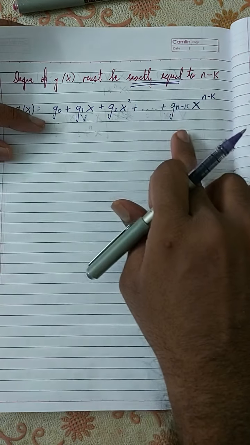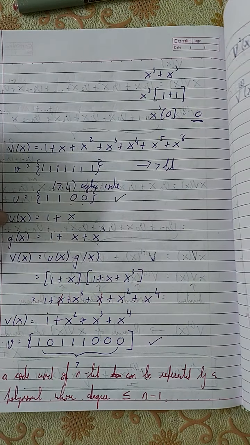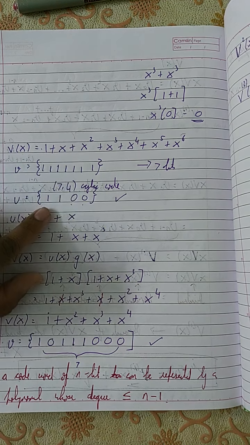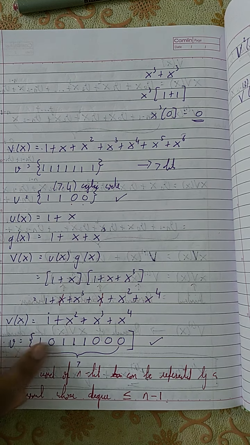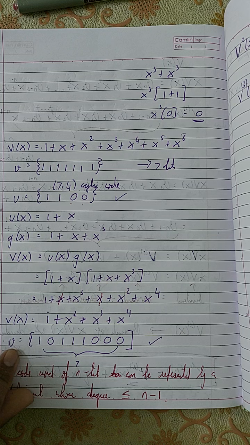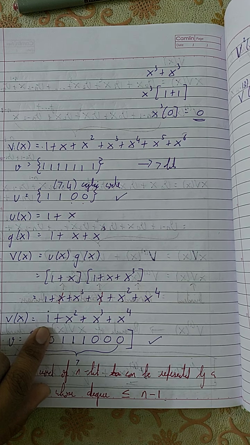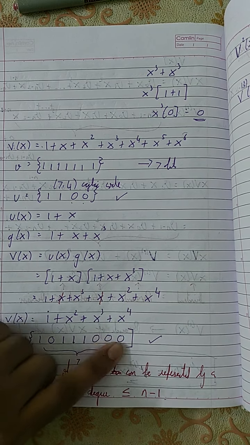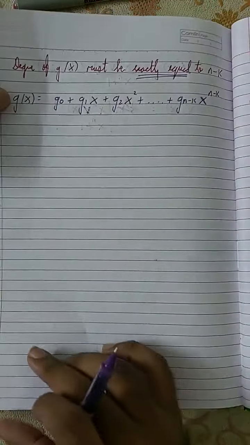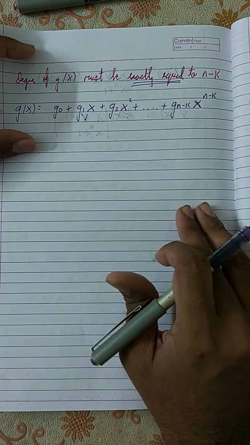Look at this polynomial, just like how I represented u of x. Even though u is 4 bits, there are only 2 terms. Even though v has 7 bits, there are only 5 terms, and the remaining bits are 0. That should not happen here.